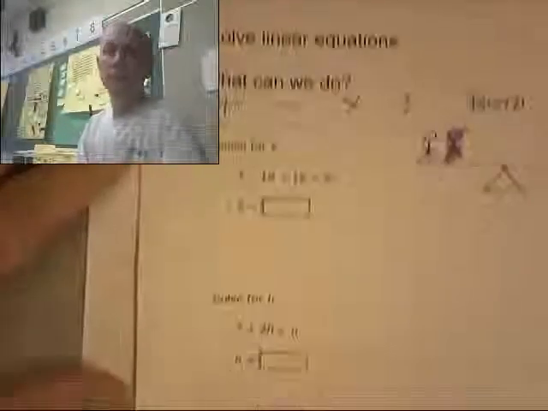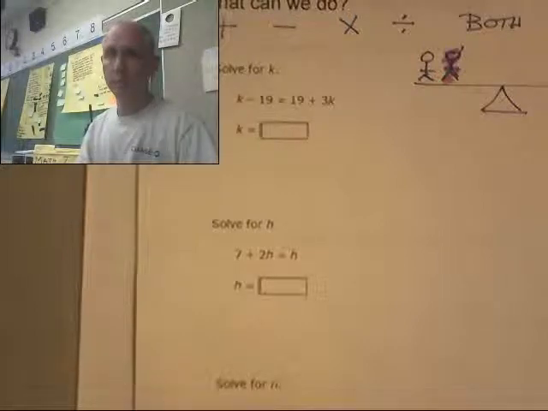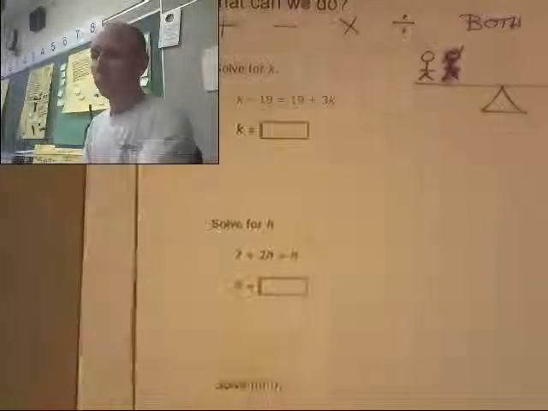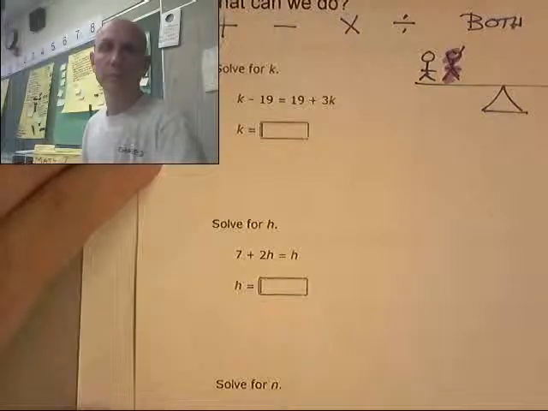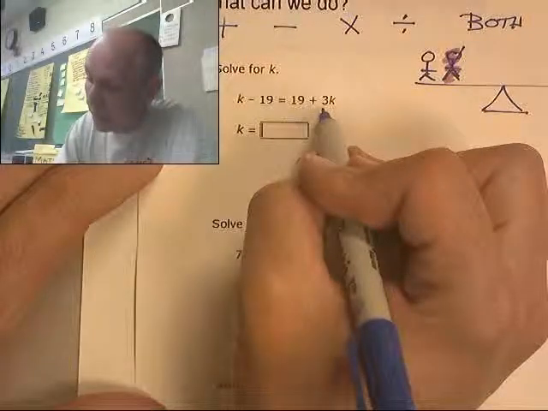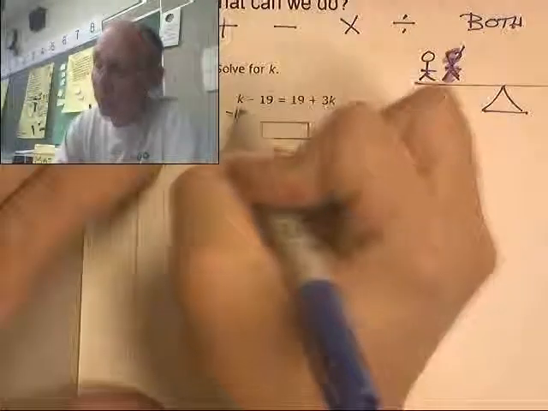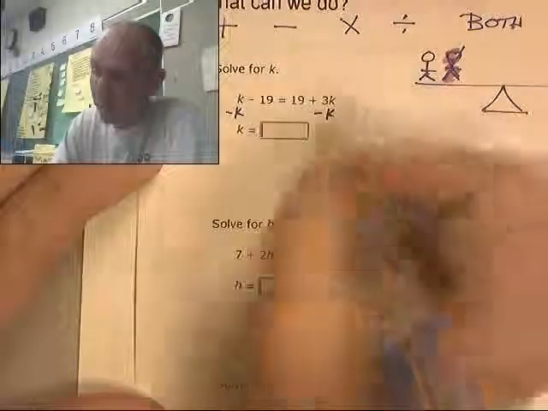Here's our first one. k minus 19 equals 19 plus 3k. Well, I can go either way. I'm going to subtract a k from both sides. Minus k, minus k.